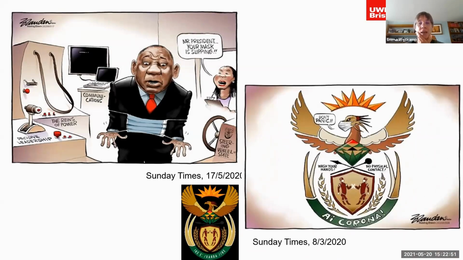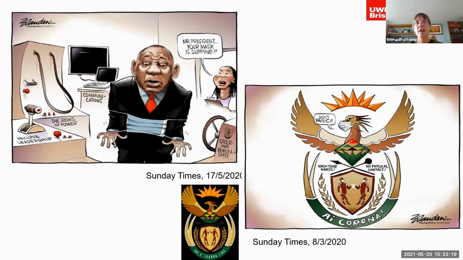We can contrast that with this cartoon, which shows a picture of the South African coat of arms. This is one of the few cartoons in the entire data set that has explicit educational content in it. The small text first says don't panic, then it says wash your hands and no physical contact. So in terms of text, that's one of the few places where we've seen that.